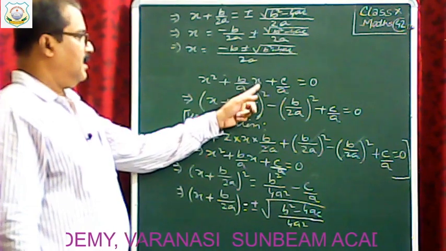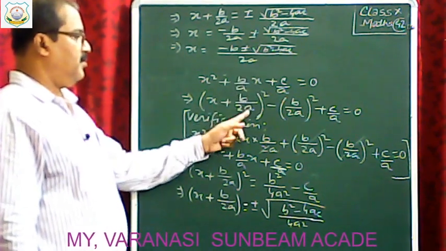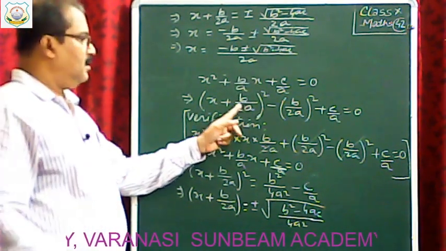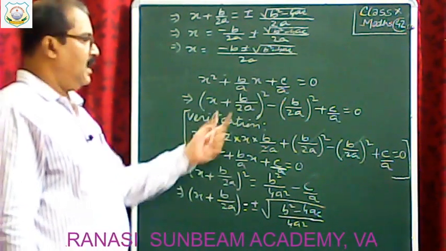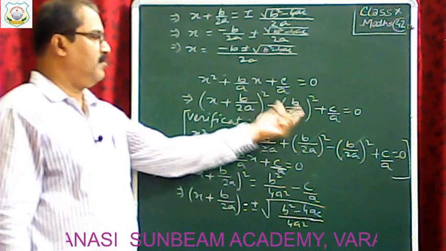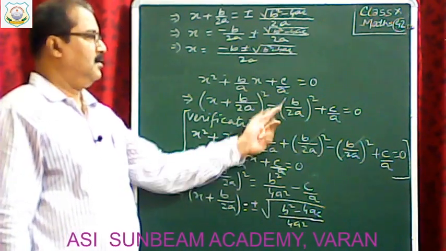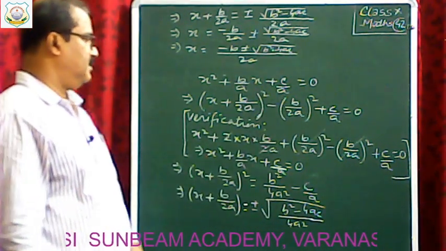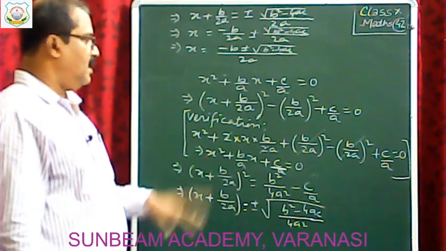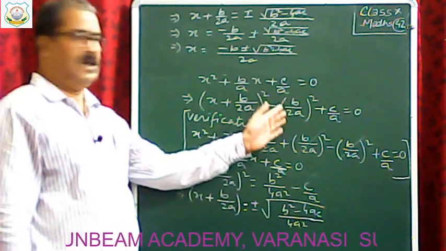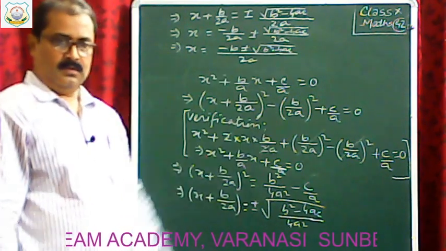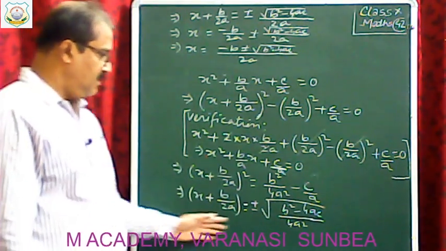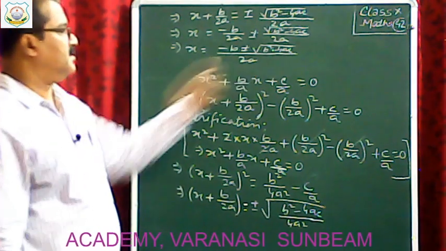The coefficient of b by a, you have to write number 1, multiply the denominator by 2 and make it a whole square, and the same part of b whole square you have to deduct also, plus c by a as it is. Verification I have shown, and thereafter simplification. A, B, C are real numbers, you have to transpose all into RHS and simplify to get this.